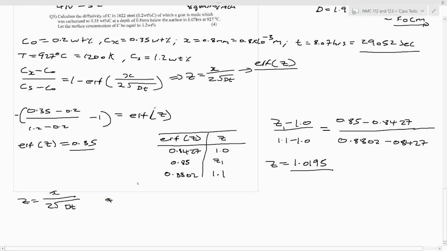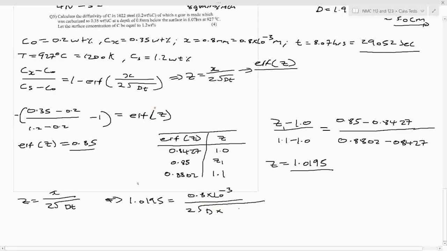Subsequently, 1.0195 is equal to 0.8 times 10 to the minus 3 over 2 root D times t.